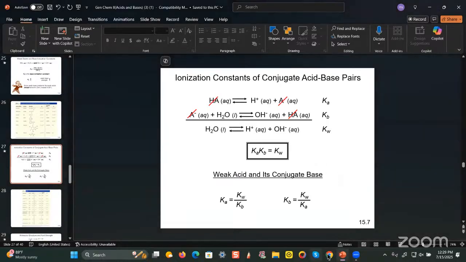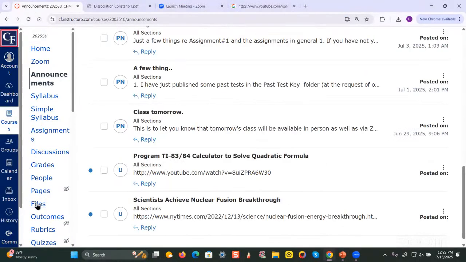All right, before we get into the ionization constants for conjugate acid-base pairs, the last question we did, can somebody remind me, I think it's question 7 in the assignment, at least that's my recollection. Let me bring that up.